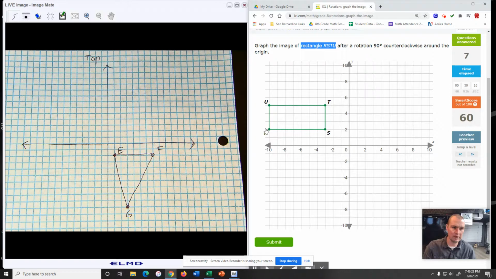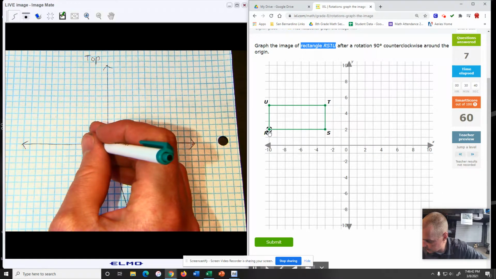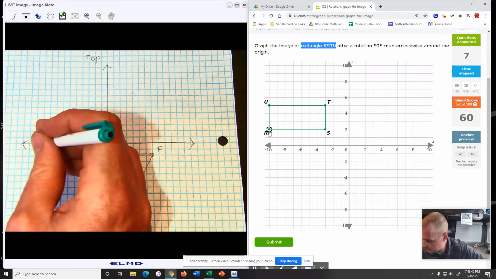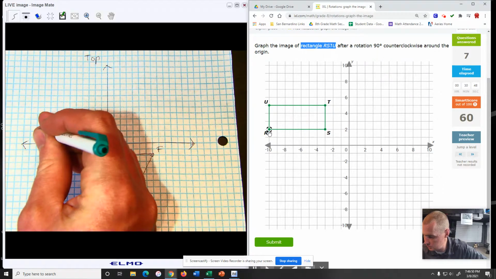Okay, so I'm going to start with R. R is at -10. Notice the -10 down here, and up 2. So here we go. -10, -1, -2, -3, -4, -5, -6, -7, -8, -9. -10 lands right there, but we still got to go up 2. 1 and 2.